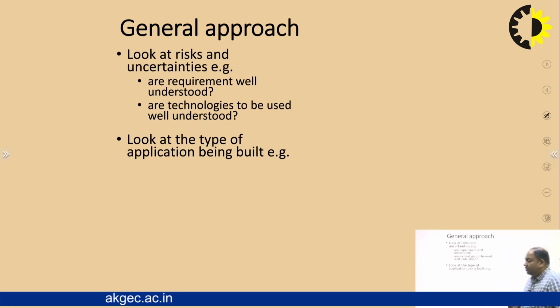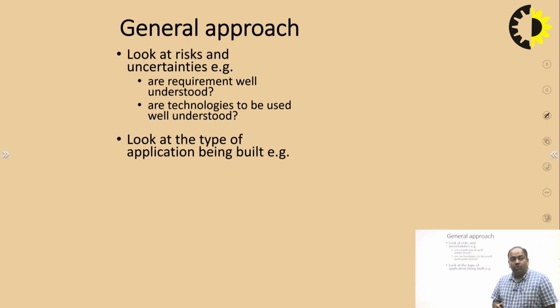The technologies comprise core Java, advanced Java, or Python. All these technologies should be well understood before starting any project, along with the requirement of the project, which is given by a client or developed in-house for one's own purpose.